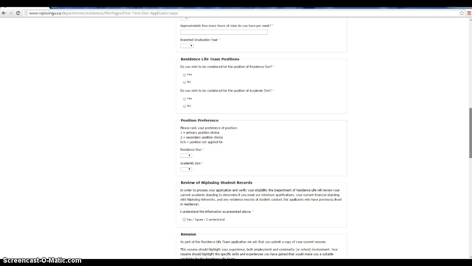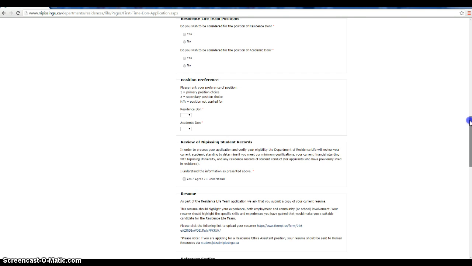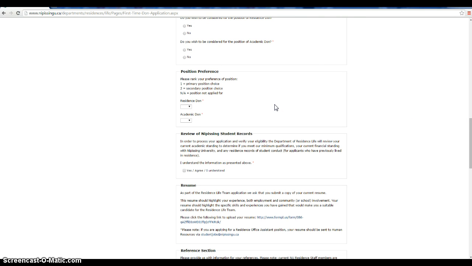Below that, you are able to identify which position you are interested in being considered for. If you wish to be considered for the position of Residence Don, please click yes. If you wish also to be considered for the position of Academic Don, again, you can click yes. Below, we ask you to rank your preference for the position.